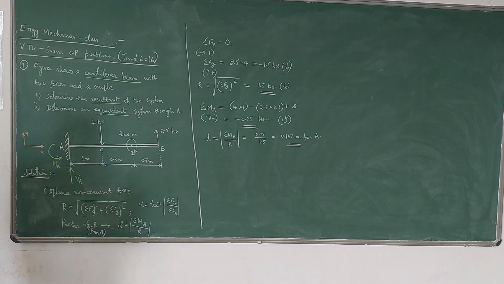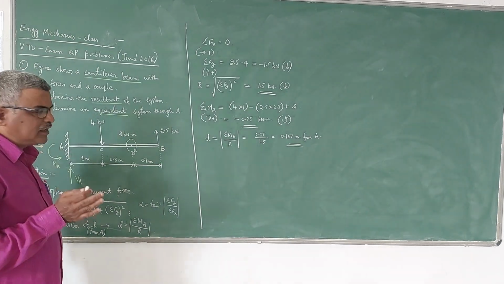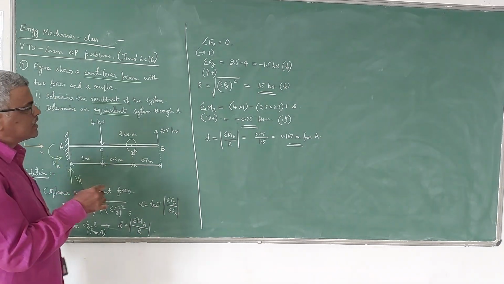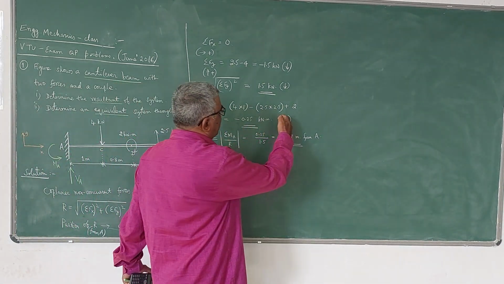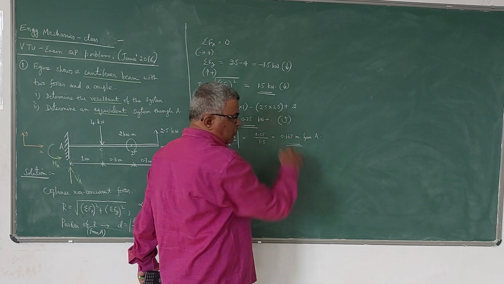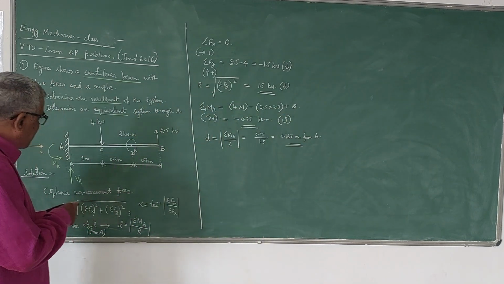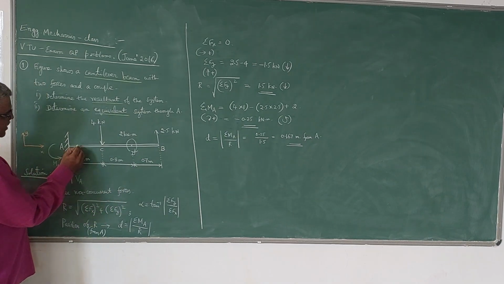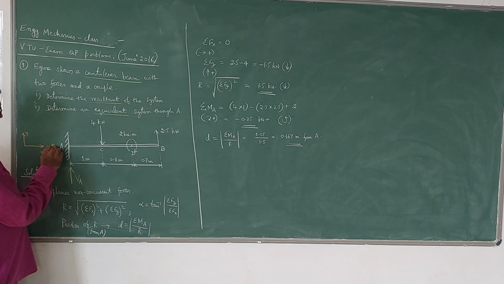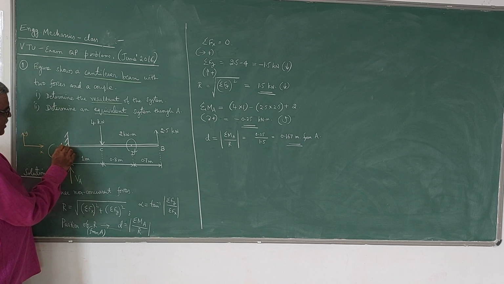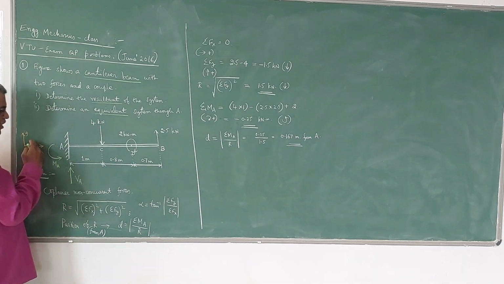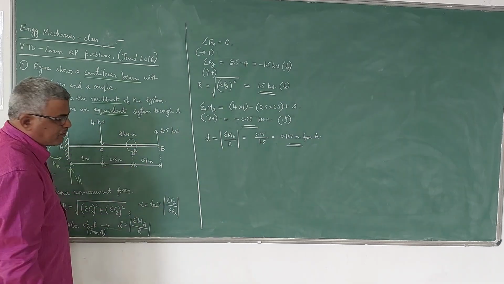That means now we have to check whether that resultant acts to the right of A or left of A. That is very important. Since the moment is anti-clockwise, we have to see. It is acting at a distance of 0.167, meaning somewhere here or here from the point A. Because the resultant is acting downwards, it should be either right of A or left of A at a distance of 0.167 meter.